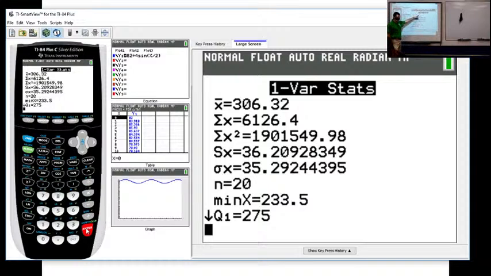I need X bar. And I need S sub X. Those are the two values that you want to write down. And I usually have people write those down in step 1 so that they have them.